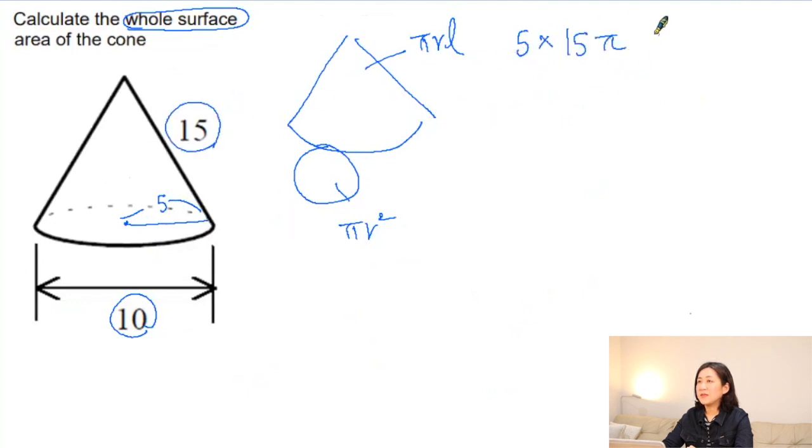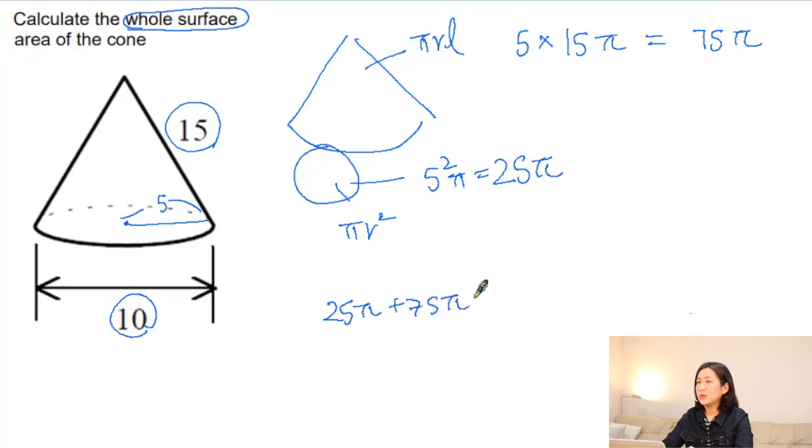So 5 times 15 times pi will be 75 pi. Now pi r squared, so 5 squared is 25 pi, the circle part. Add up together, we have 100 pi. Again, we don't have a unit, but any unit with a squared.